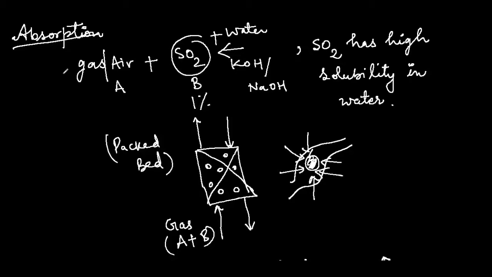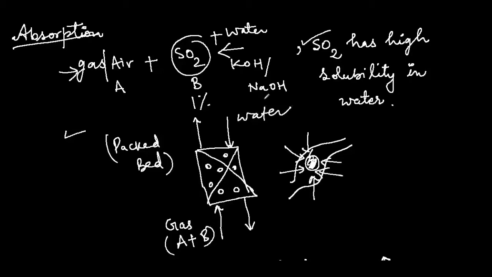So if we want to do this operation, first of all the principle is solubility, the solubility of SO2 in water. Now we will require an equipment, and generally we prefer to use a packed column. In the packed column, we flow the water from the top to the bottom and the gas mixture A plus B from the bottom.